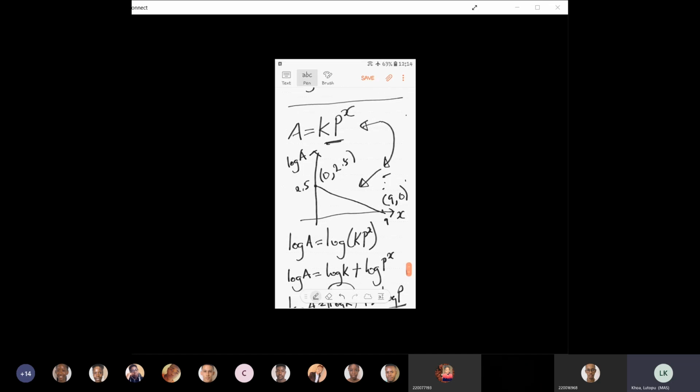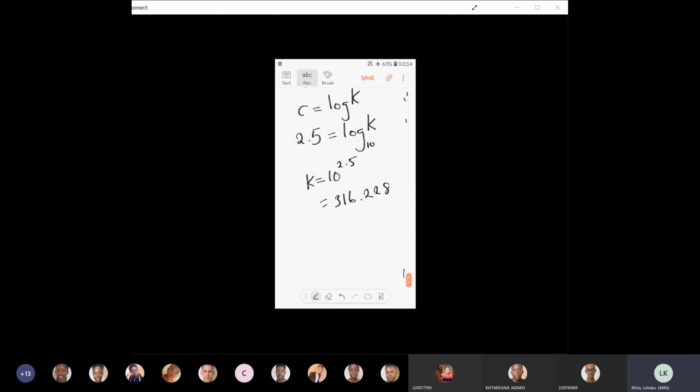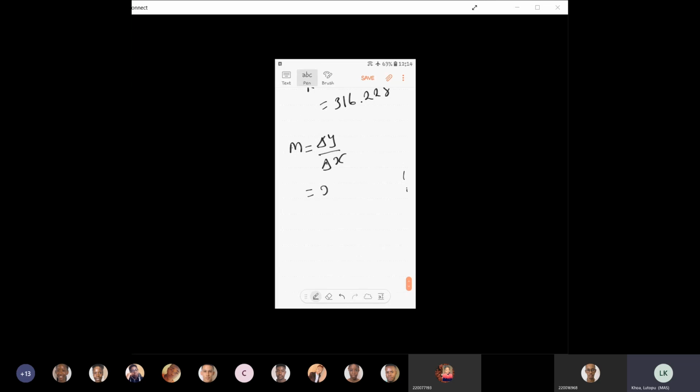So you know the gradient is just delta y over delta x. So any straight line you have, the gradient m is change in y over the change in x. So you work this one out. This is 2.5 minus 0 over 0 minus 9.